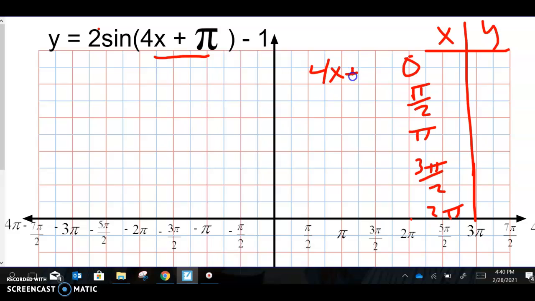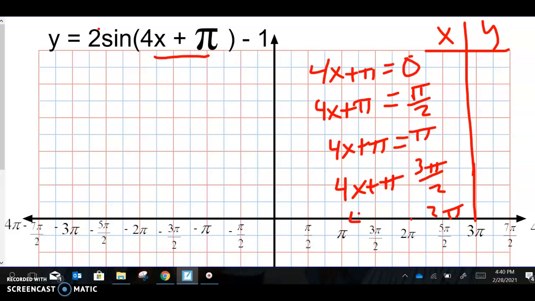So how can I make 4x plus pi equal 0? How can I make 4x plus pi equal pi over 2? How can I make 4x plus pi equal pi? I want what I'm taking the sine of to be equal to these things. So each time what I'm doing is subtracting pi and dividing by 4, or subtracting pi and multiplying by a fourth, whichever way you want to think of it.